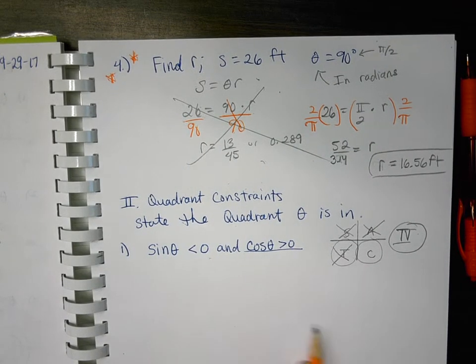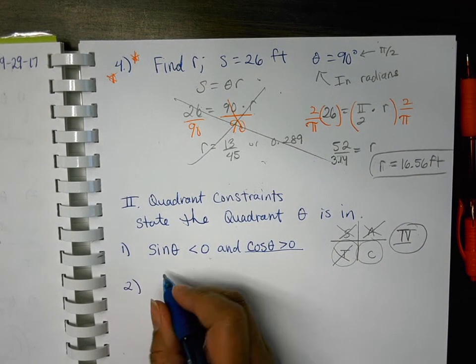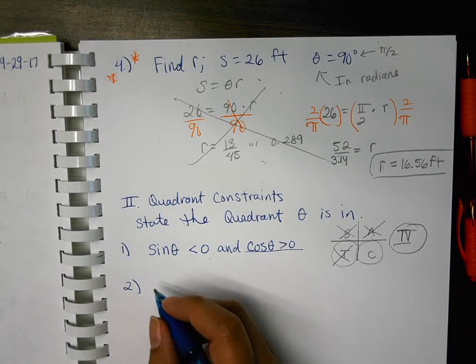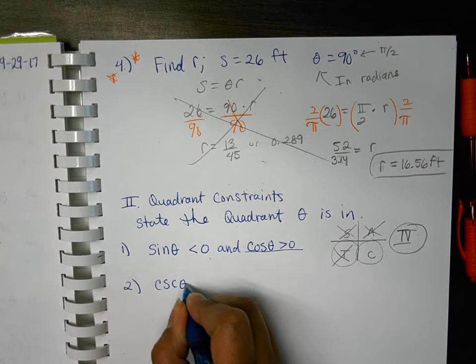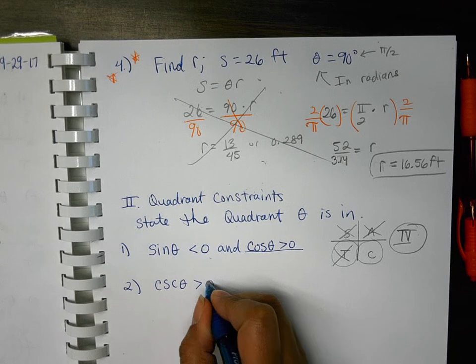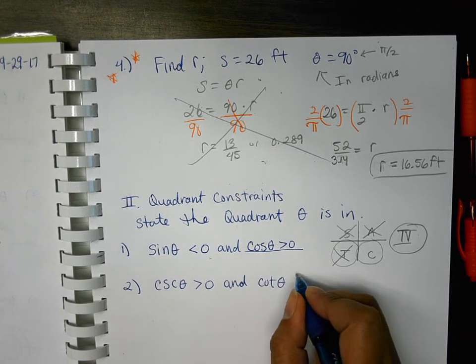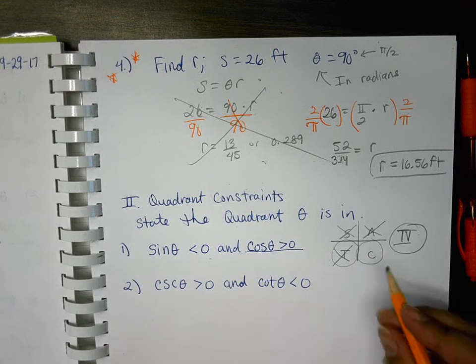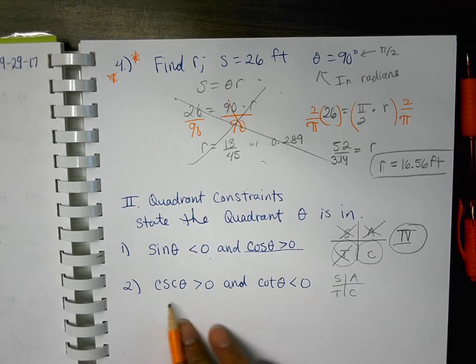Make sense? All right. Number 2. Cosecant theta is greater than 0 and cotangent theta is less than 0. Now before we make our all students take calculus, do we have a little saying or acronym for cosecant or cotangent?